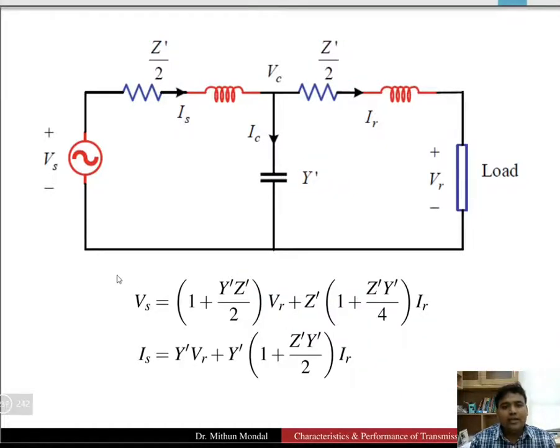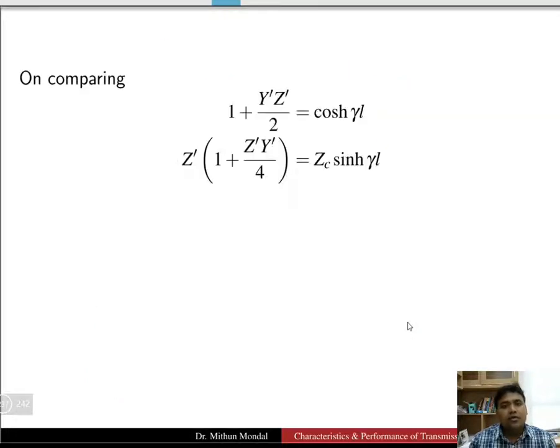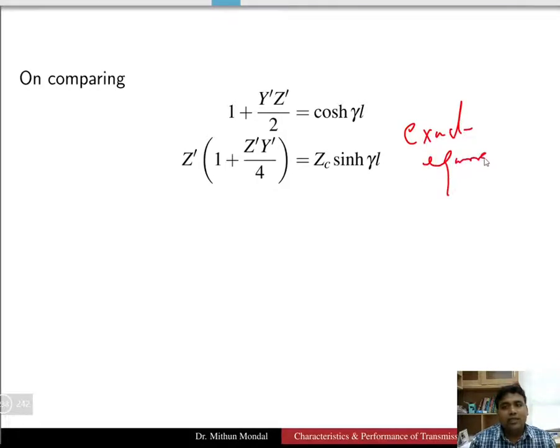We can write the KCL and KVL equations and obtain the sending end voltage and sending end current with respect to the receiving end voltage and receiving end current. Here we can easily equate with the exact equivalence, and obtain the relationship of the two quantities.